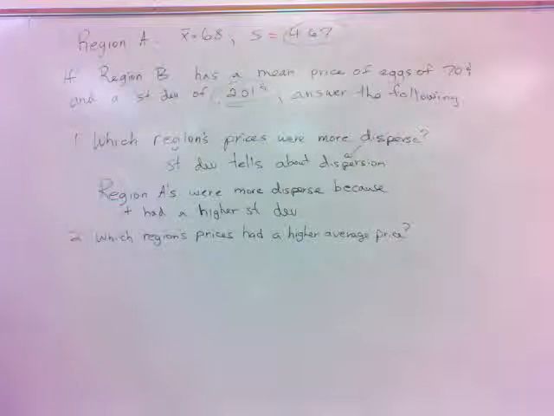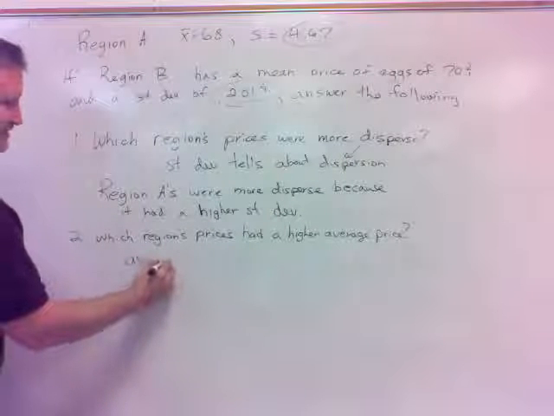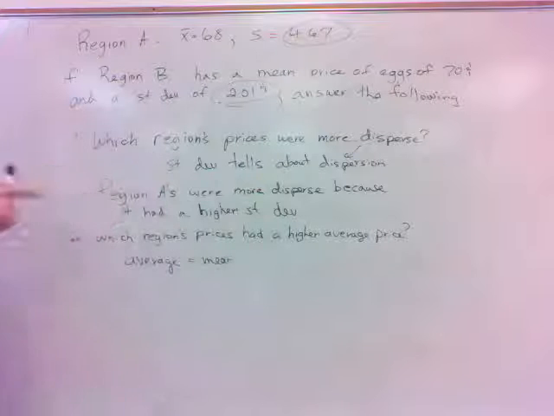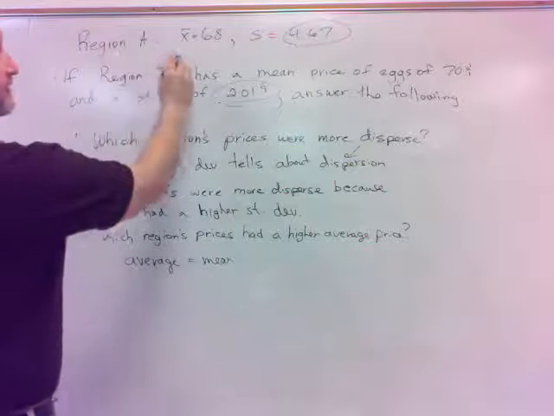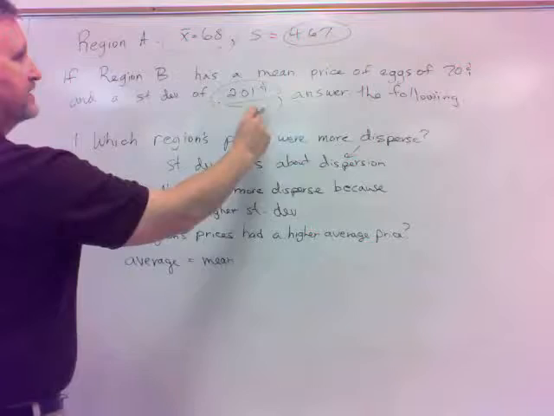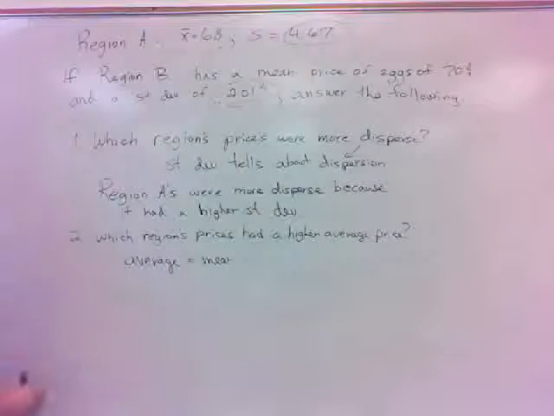The mean's the average, right? Yeah. In statistics, average equals the mean. So if I'm looking for the higher average price, I'm looking for the higher mean. Which one has the higher mean? A's mean is 68. B's mean is 70. B has a higher average price.